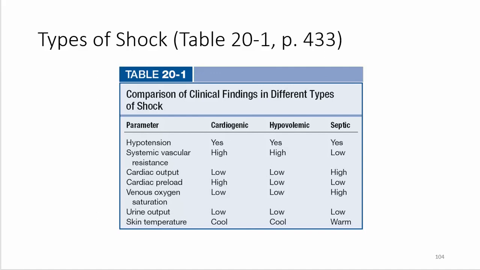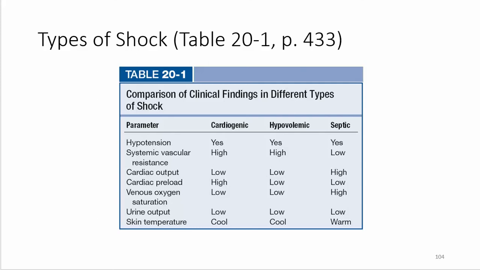So this is a table comparing cardiogenic and hypovolemic shock, septic shock, and some of the clinical findings, the clinical manifestations, so that all of them have hypotension. Septic shock has low resistance, whereas the other two have high resistance.